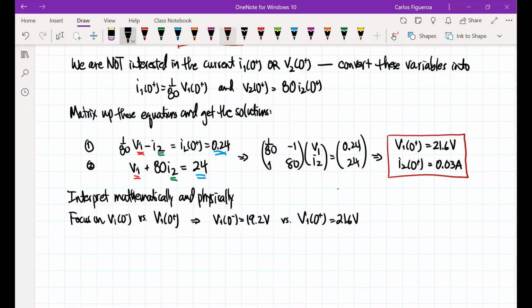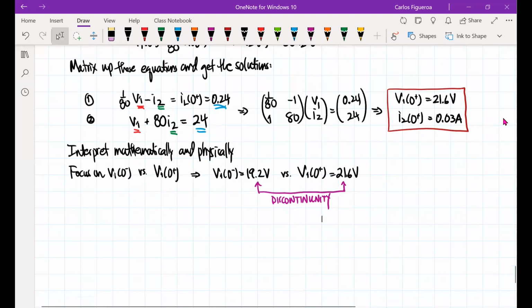So what you're seeing here is that these guys are not the same, so there's a discontinuity in the graph.